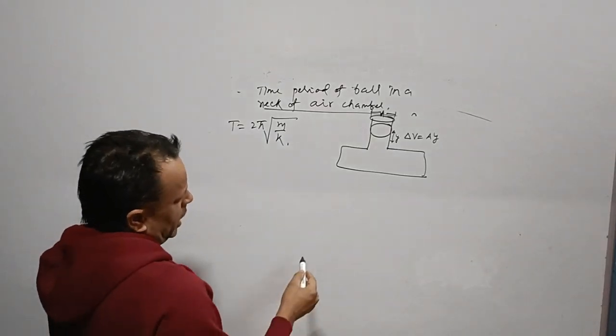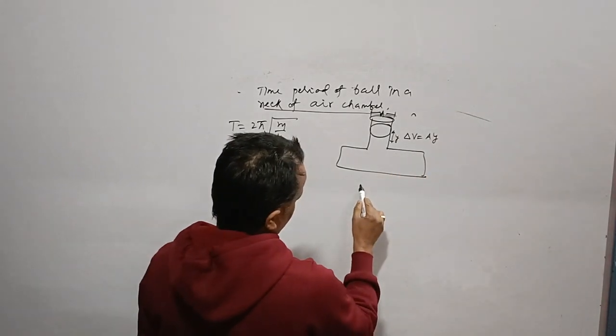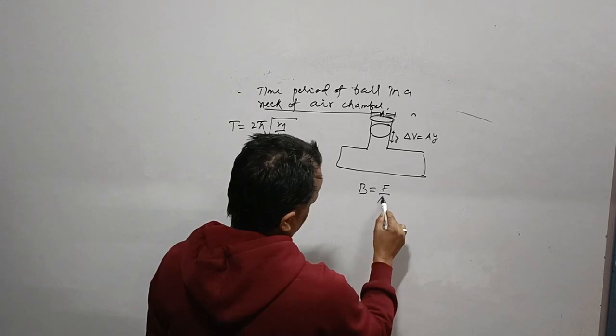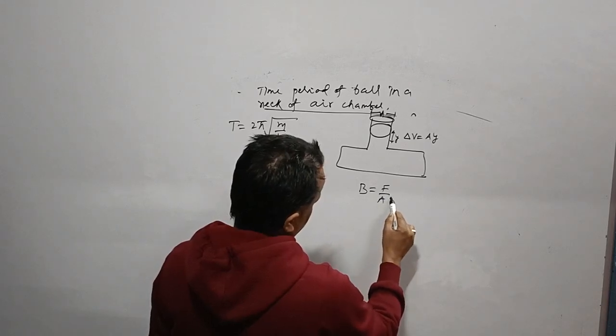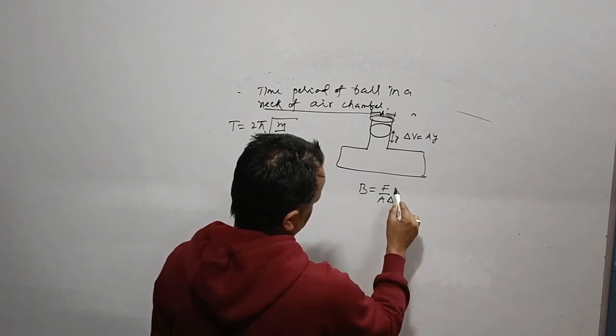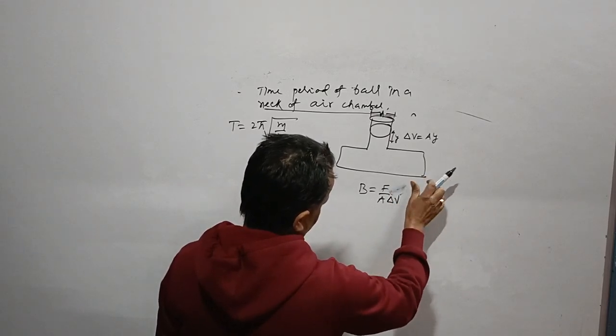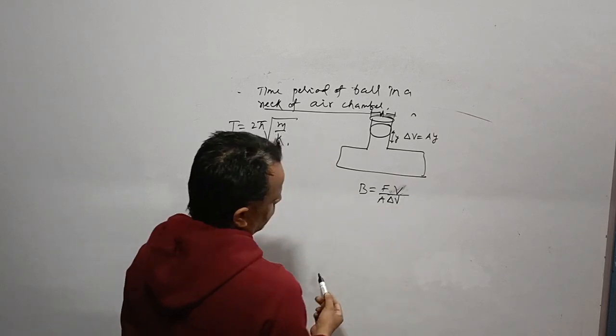We know that bulk modulus is force upon area into change in volume upon original volume. Now see what will happen.